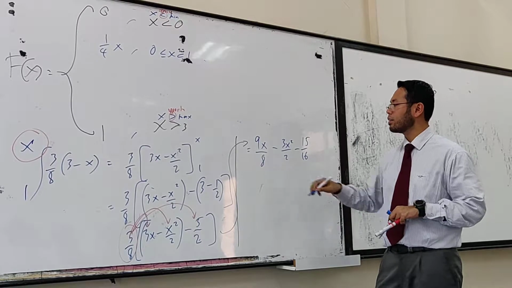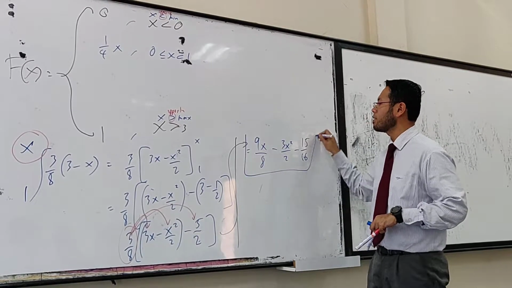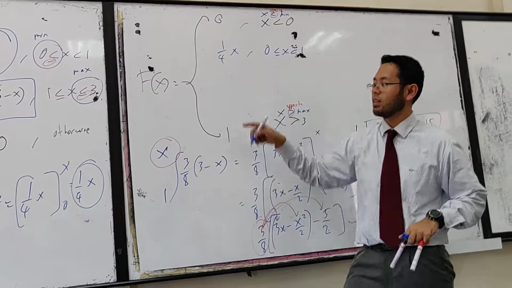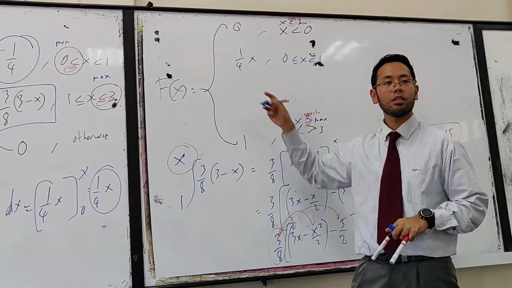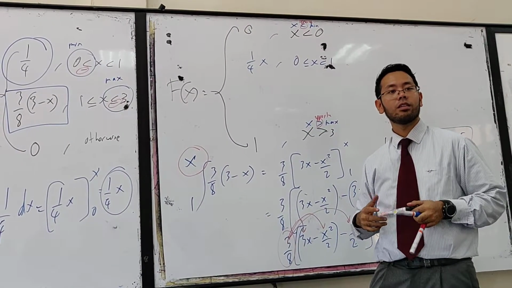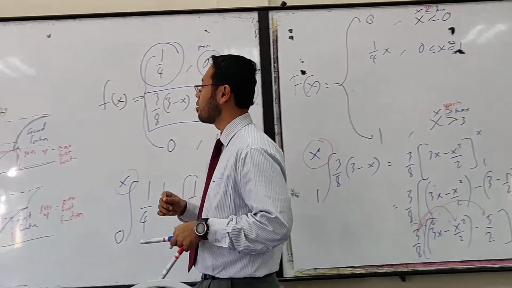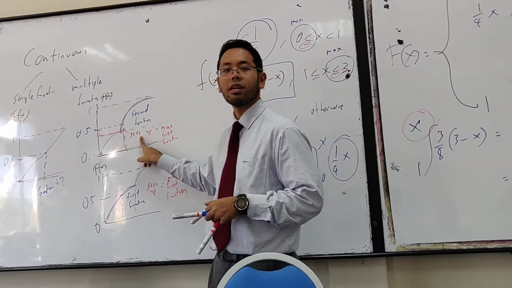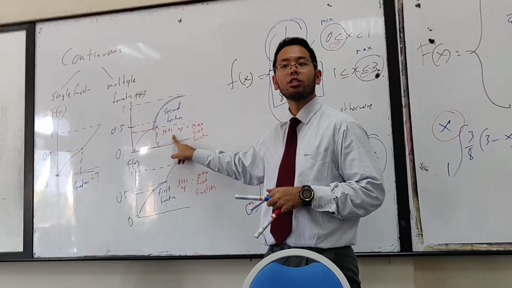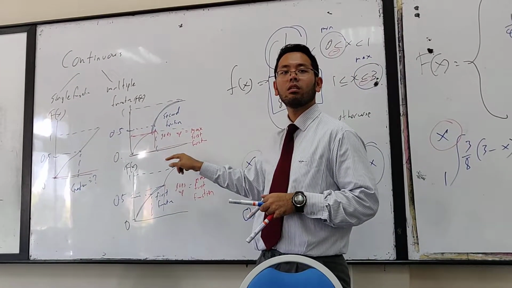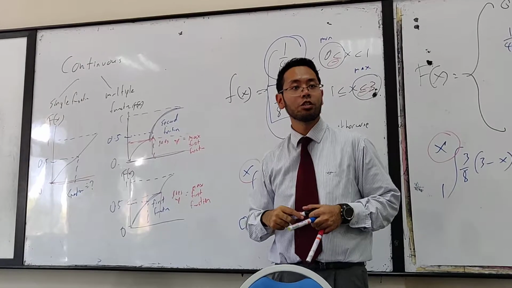Okay, we got this far. Now should I replace this into here as how we did this one over here? Why not? Because as we have discussed just now, the second function goes up. By how much? I don't know. The maximum of the first function.